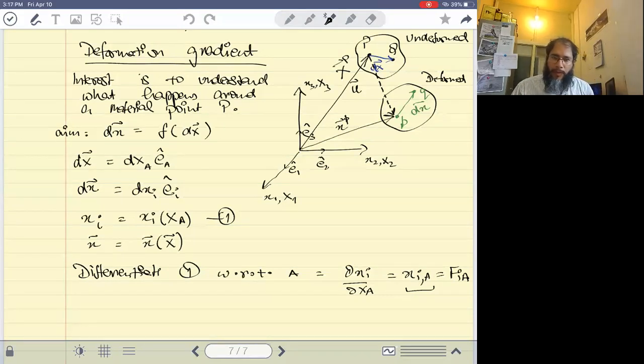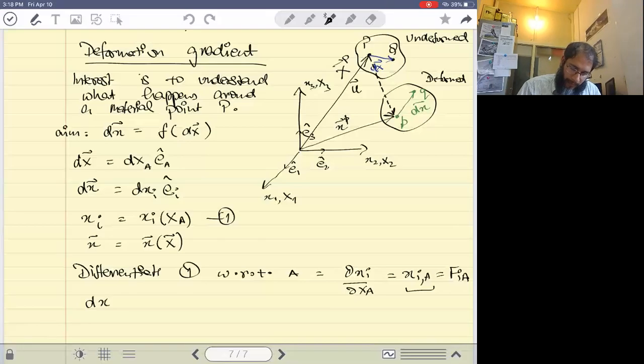And why do we construct this tensor? So if I write my d small xi, this can be written as, using chain rule.